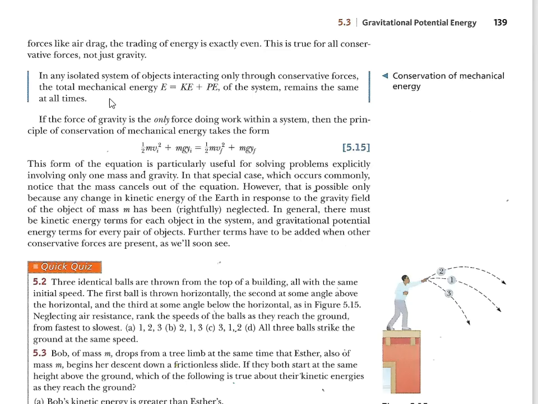So I think the key takeaway from this problem is that we can make a little bit of a modification to this equation 5.15 and add an extra 1/2 m v sub x initial squared plus 1/2 m v y initial squared, and it will be still a good equation.